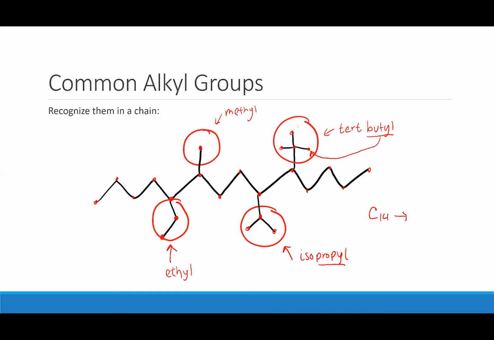So remember, this is 4 carbons, but just rearranged. So they are butyl. And this is 3 carbons, but rearranged. So it is propyl group.